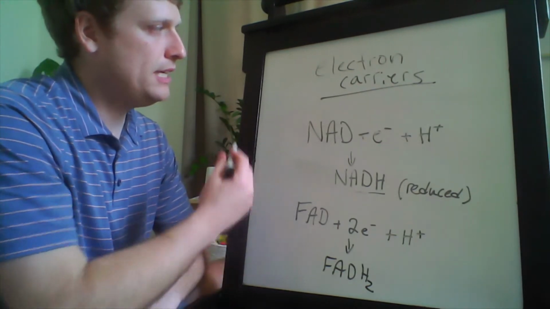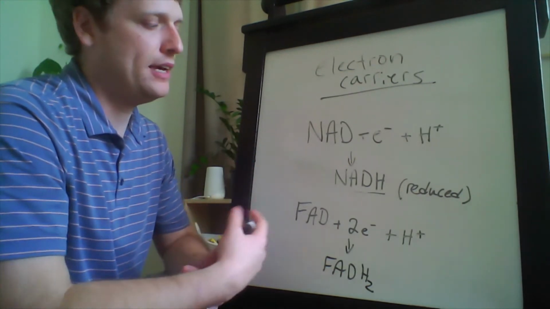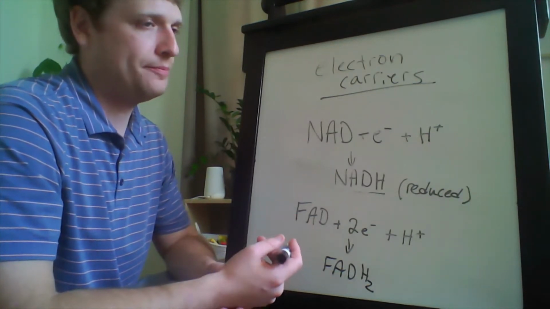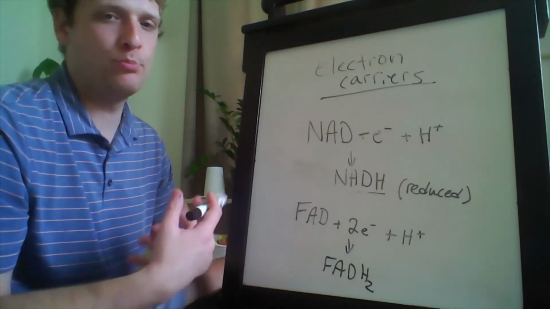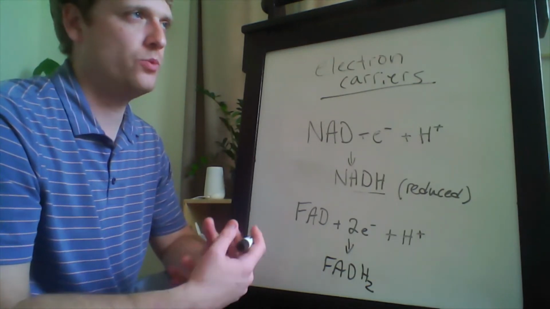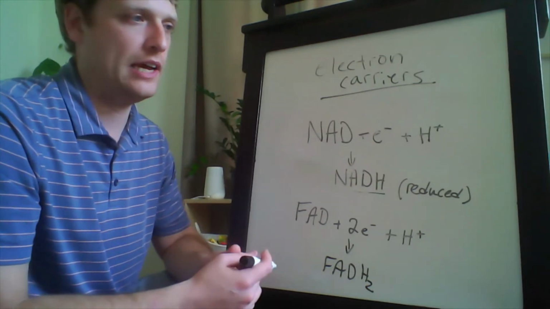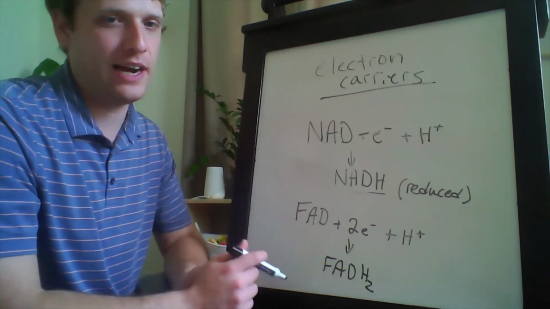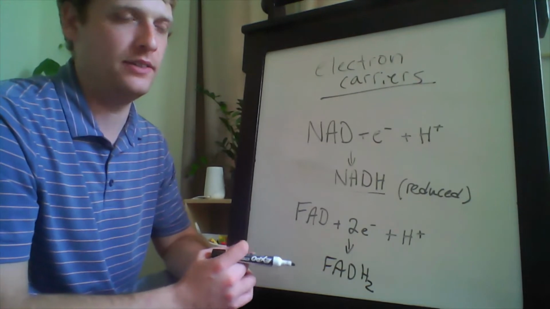So these electron carriers are picking up electrons, and they're getting them when you're breaking the bonds of other molecules. When you remove an electron, oftentimes you're going to have to break a covalent bond.